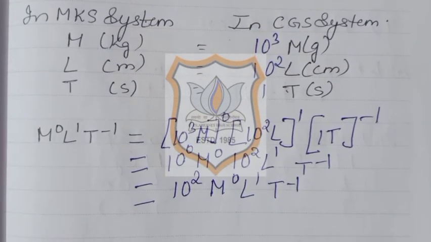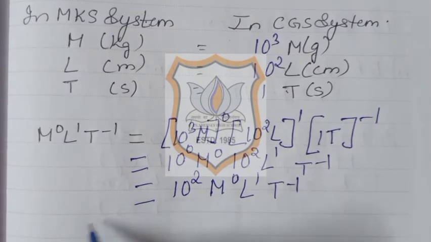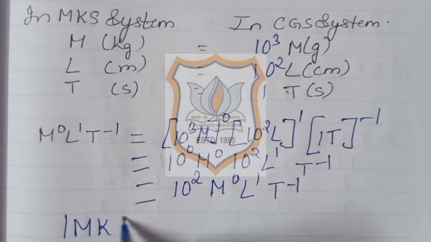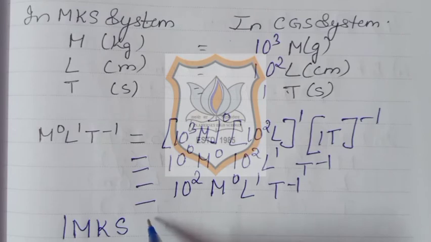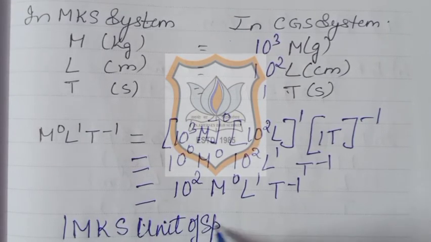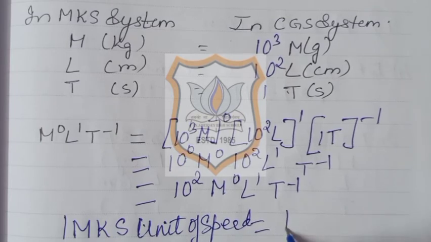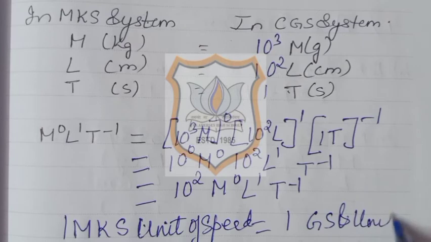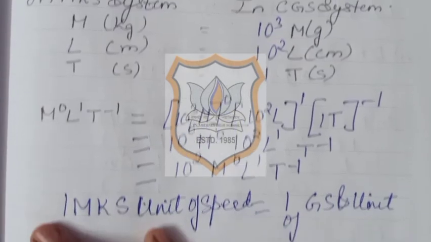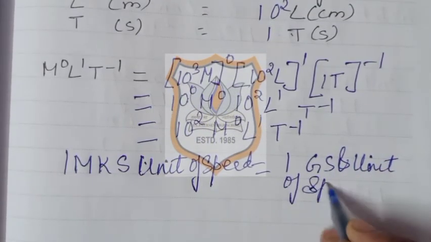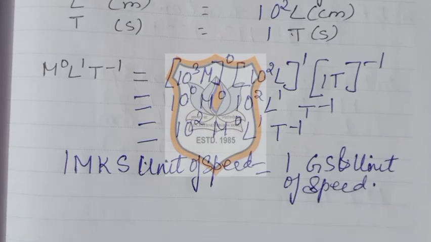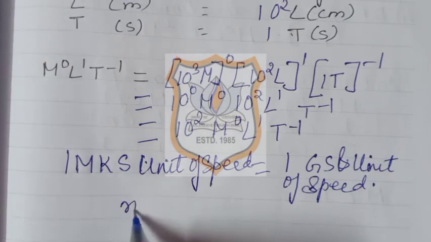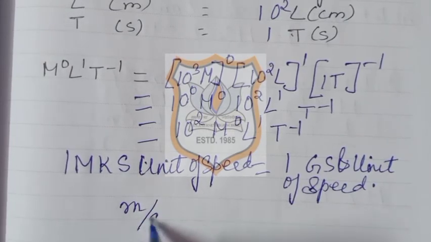So what are we getting? 1 MKS unit of speed is equal to 10 raised to 2 CGS unit of speed. Now what is speed? Distance by time. So distance we measure in meter and time we measure in second.